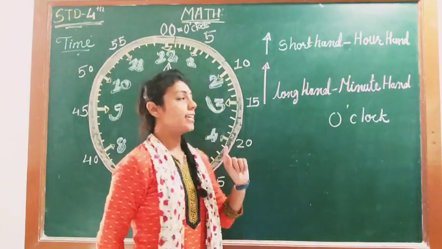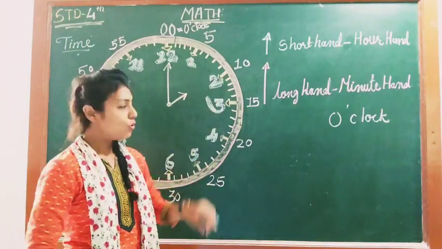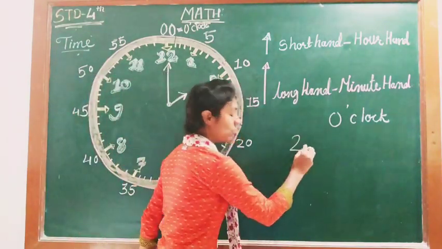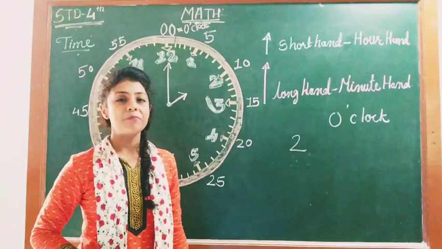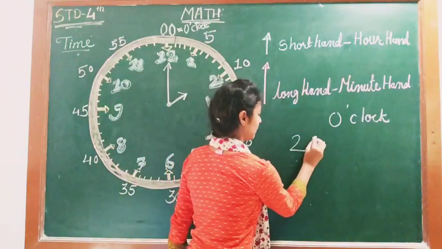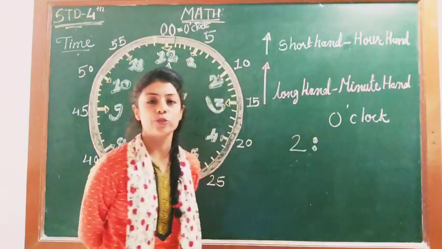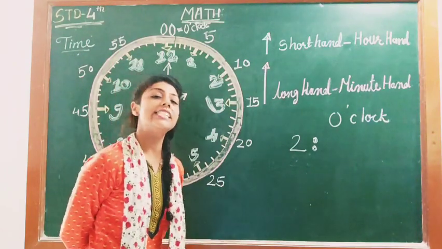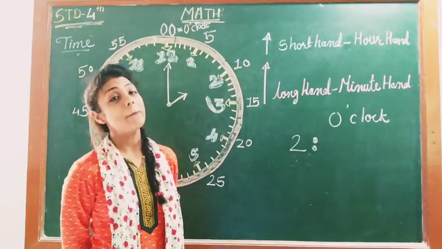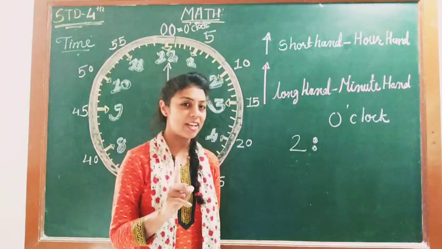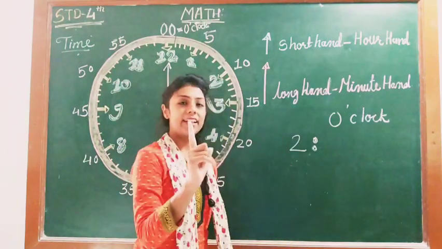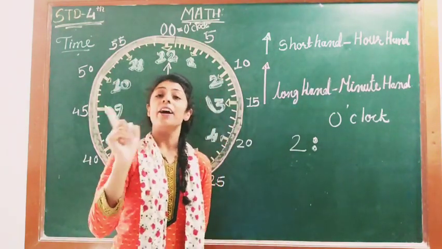The hour hand is at 2. So 2. Then second step, 2 dots. And then we'll see the long hand, the minute hand.